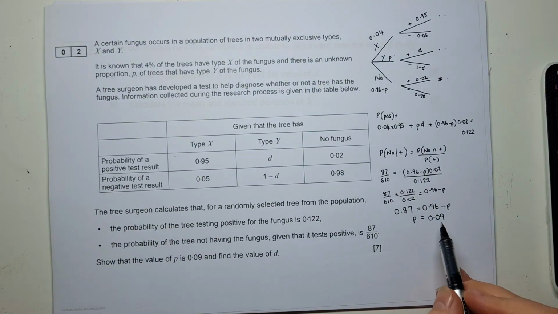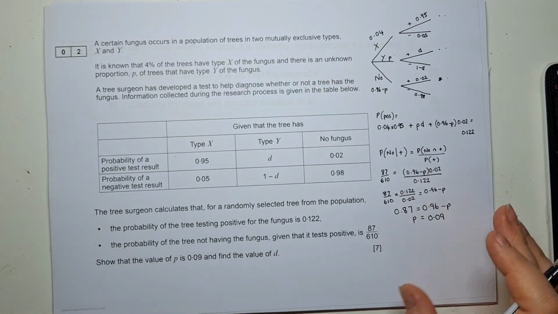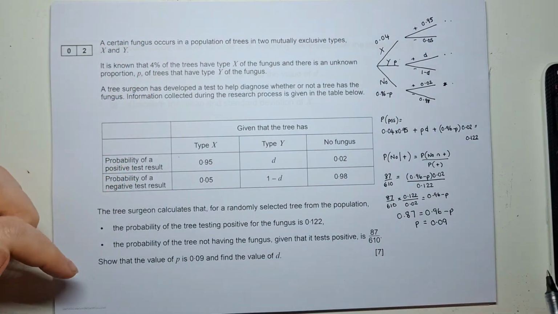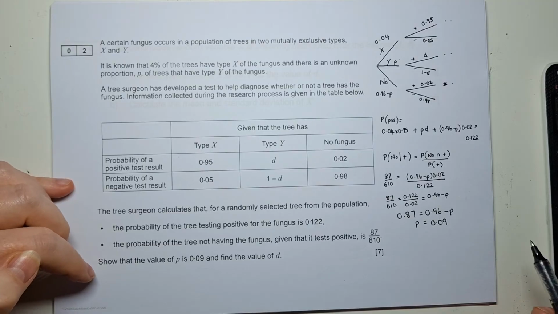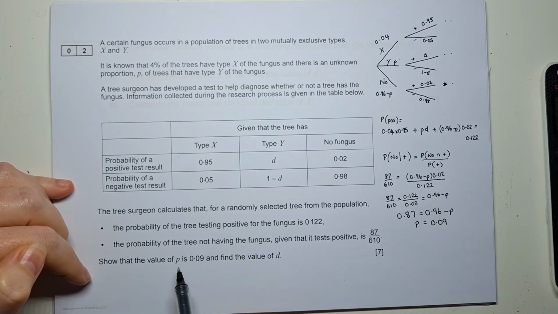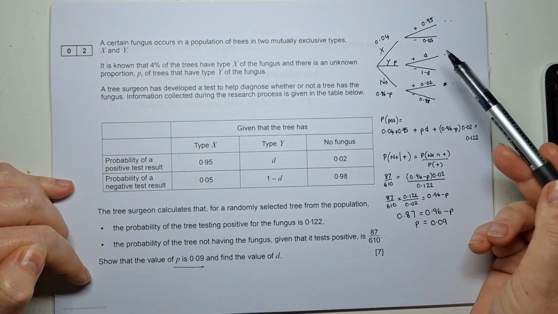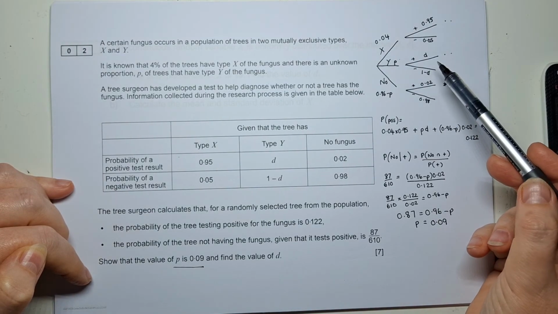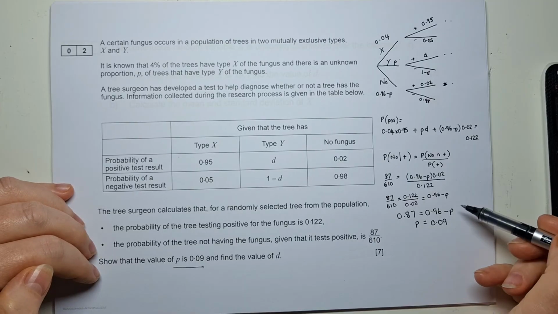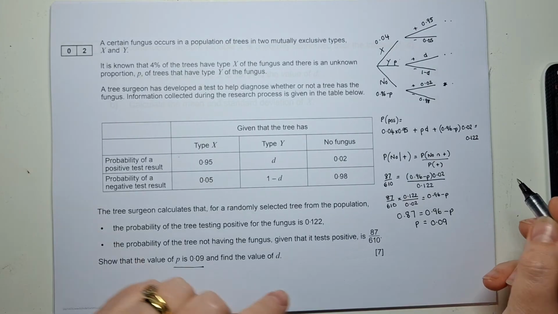Okay, then we need to take the value of P of 0.09 and use it in this equation. Now, to collect half of the marks probably, you could just take that value of 0.09 and use that in your probability tree. But obviously to get all the marks you've got to show the 0.09.